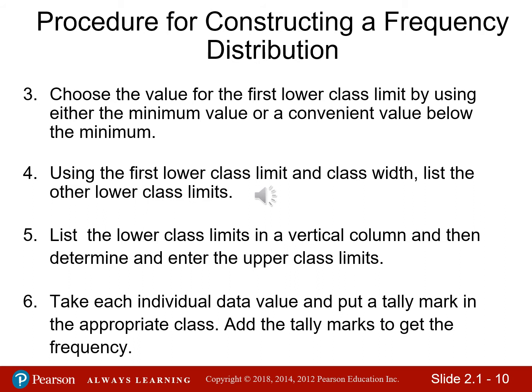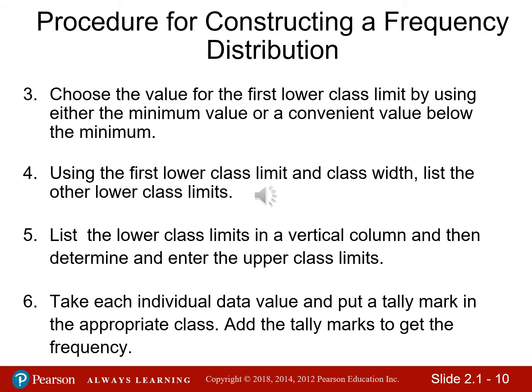So recall from our example of table 2-2, the lunchtime service of McDonald's, our first lower class limit was 75 seconds. So by simply adding our class width of 50 to 75, we get our second lower class limit. So 75 plus 50 equals 125.